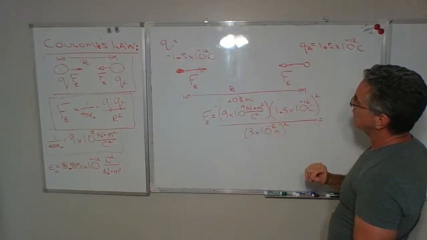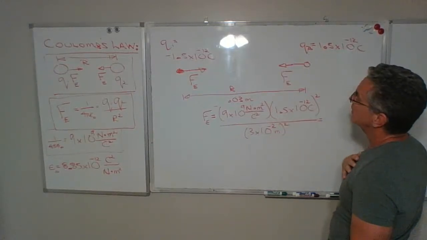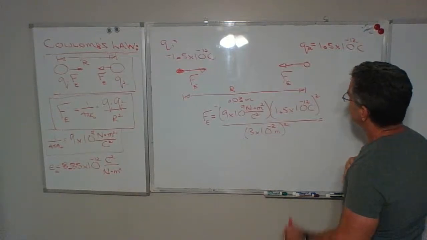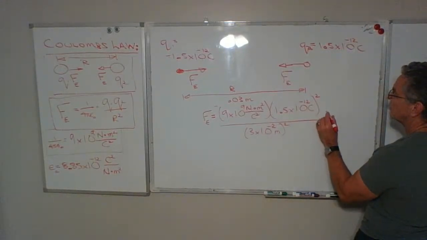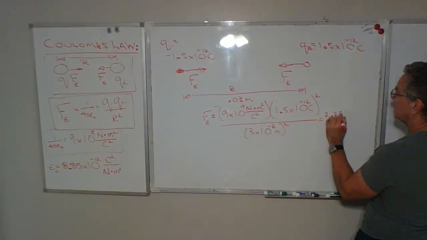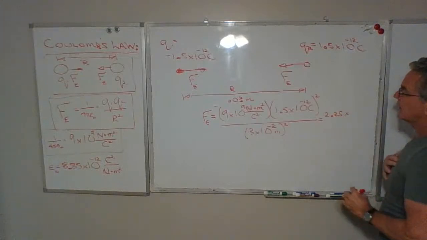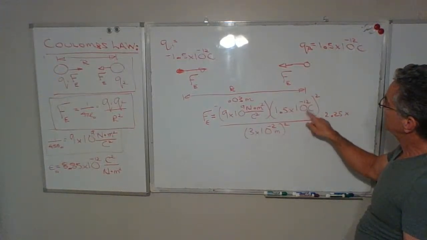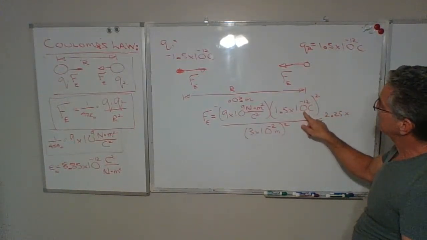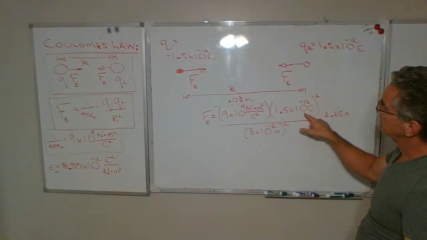1.5 squared is 2.25. Times 9, so, well, just 2.25. Okay, and then 10 to the minus 12th squared is 10 to the minus 24th.